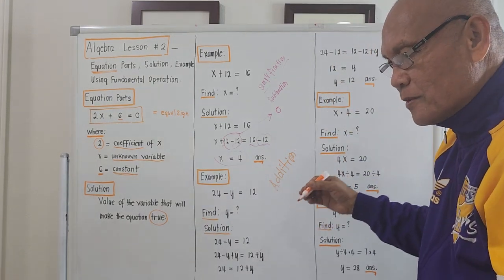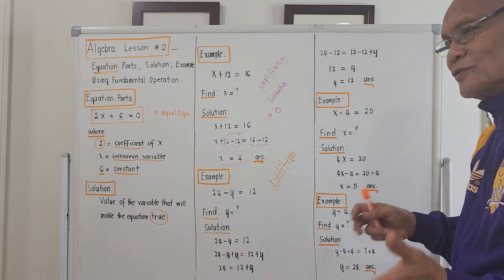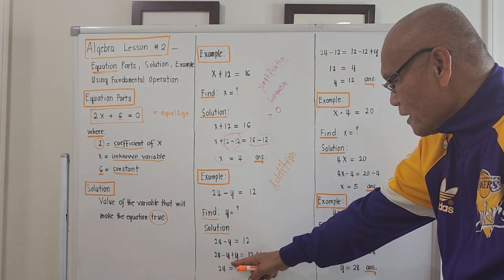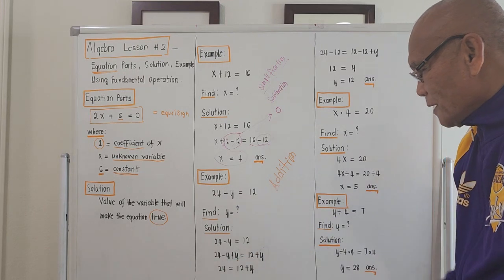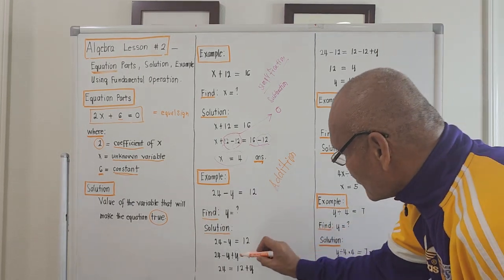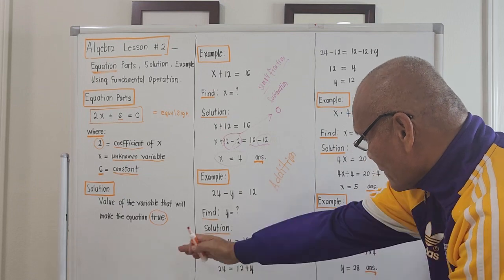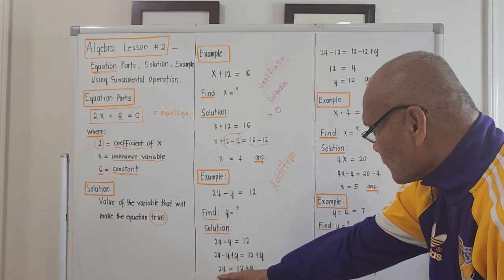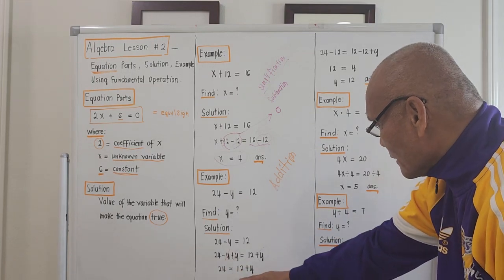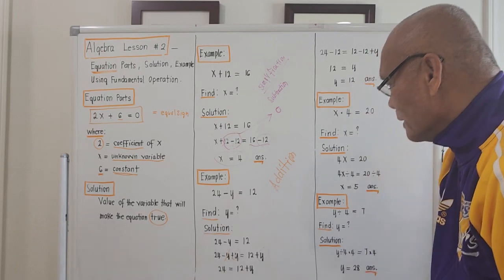This is now the fundamental operation addition. We add a plus y on the left, we add a plus y on the right, and after the addition, the negative y cancels with this. What remains on the left will be simply the constant 24, and this should be equal to, for the right hand side, the constant 12 plus y.